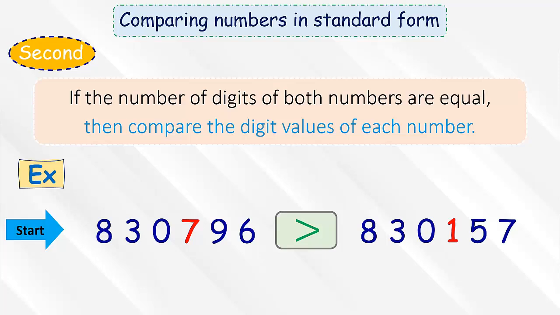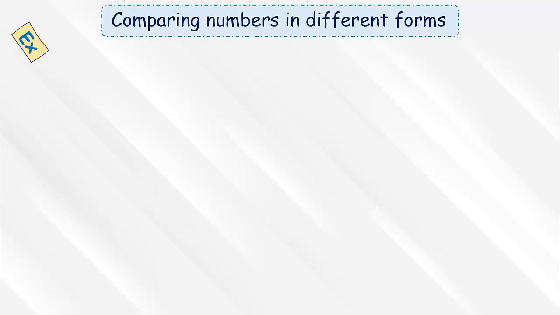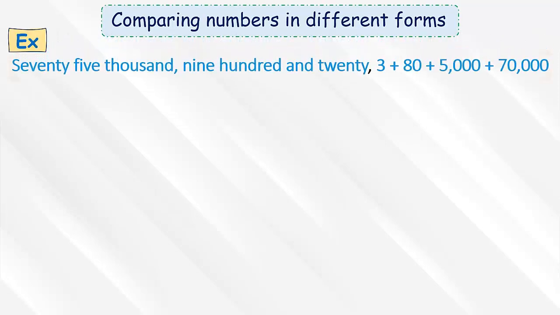After we have seen the different cases through which we can compare large numbers in their standard form, let us now see how we can compare numbers in their different forms. Let us, for example, want to compare the two forms in front of you. The verbal form is 75,920, with the expanded form 3 plus 50 plus 800 plus 5,000 plus 70,000.